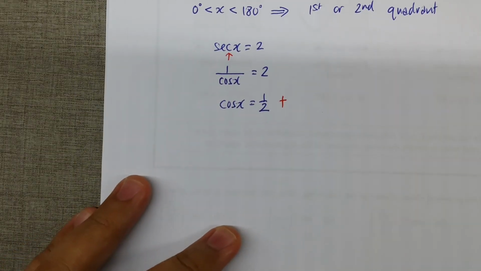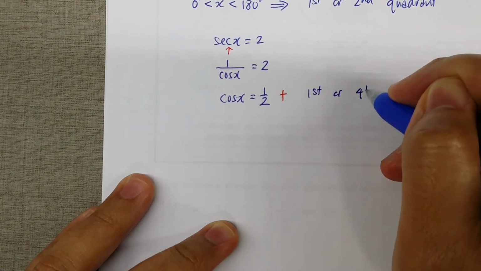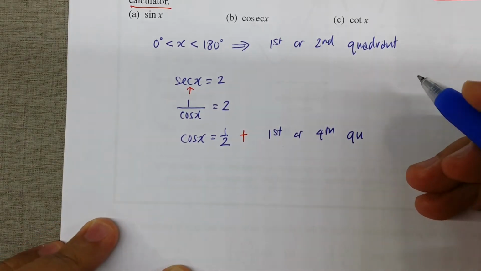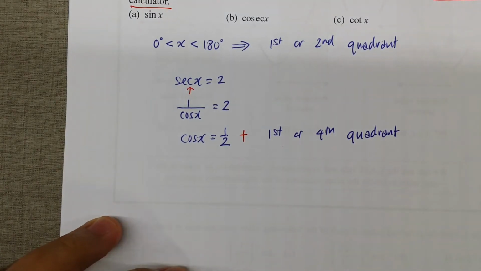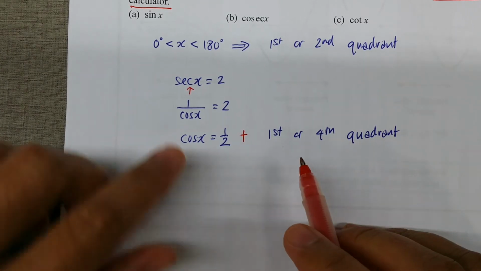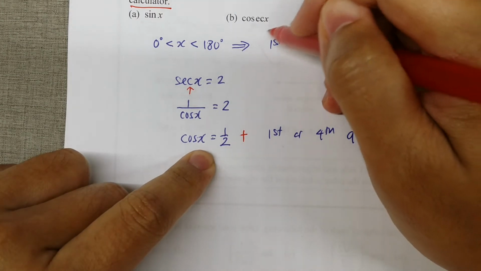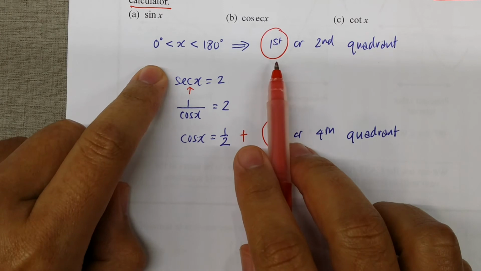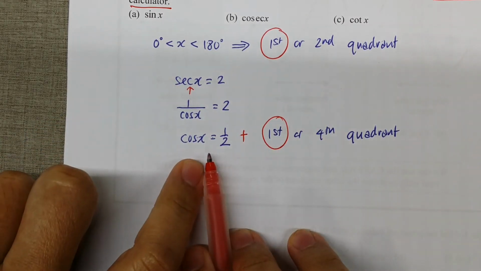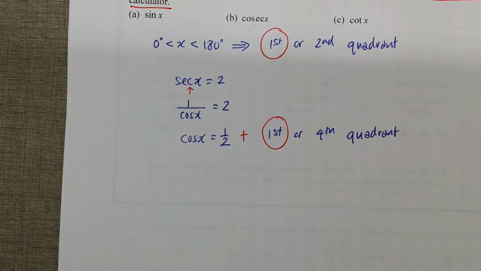Actually, all this working you need not show, because this is just my thinking process. First information says x is in first or second quadrant. Second information tells me it's first or fourth. So definitely it's first. So with that I can proceed on.